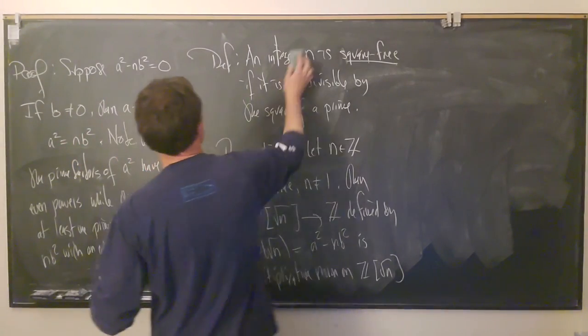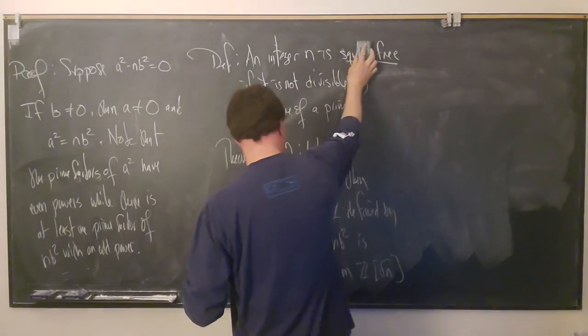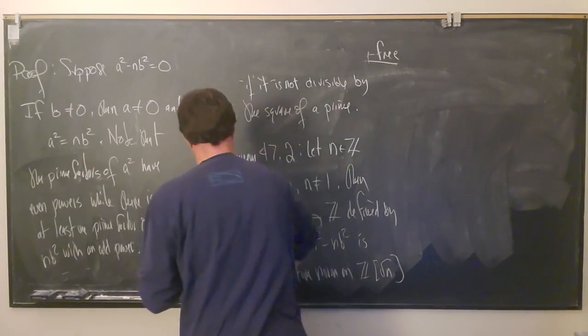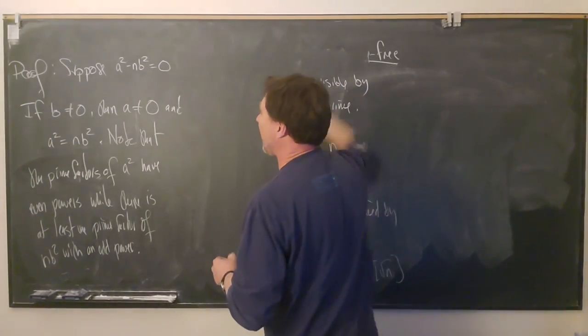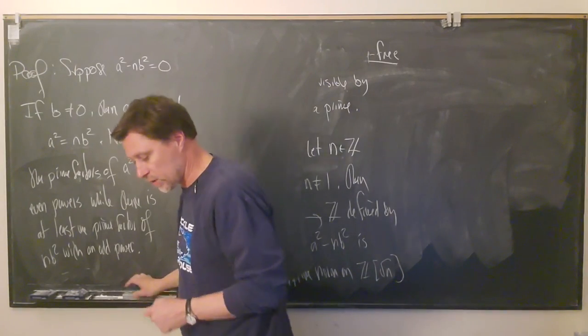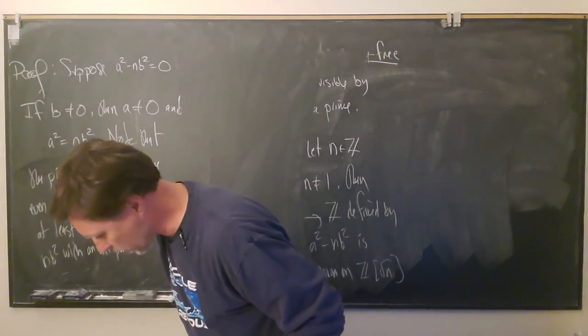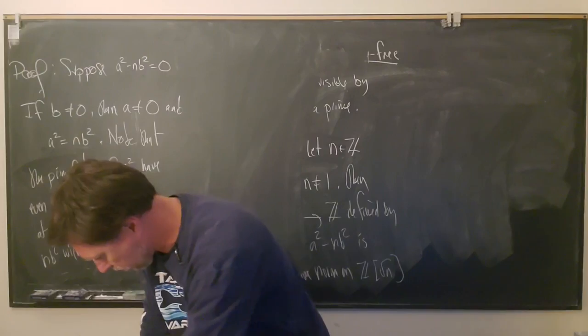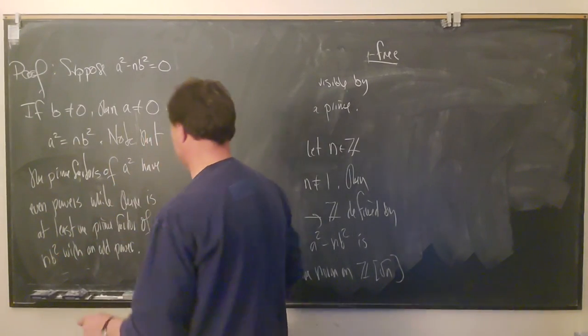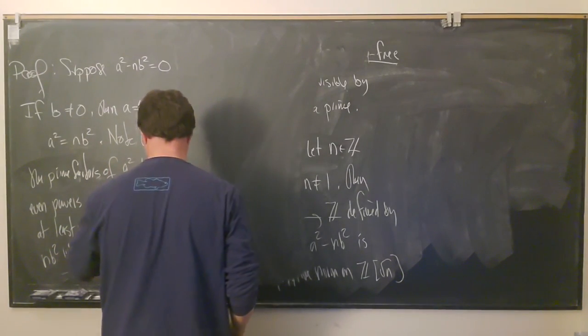So what does that tell us? That tells us that b has to equal 0, which then forces a equal to 0. So this can't happen. Let's call that a contradiction.